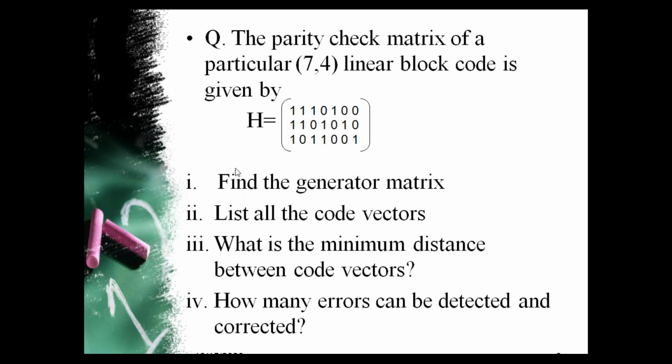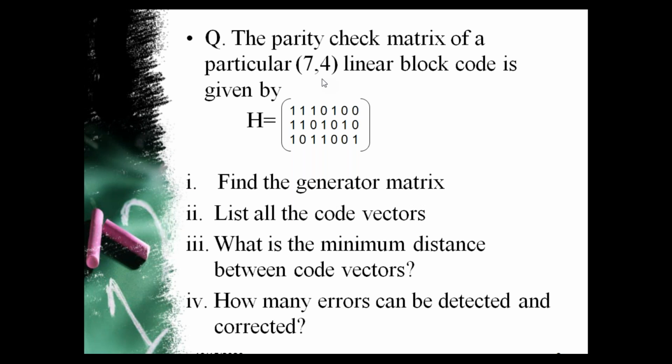The question is, we will have to write the generator matrix, then list all the code vectors. We are not wasting time writing all the code vectors now. Here we know that k equal to 4. Therefore there are 16 message combinations possible, starting from 0 0 0 0, 0 0 0 1, etc., up to 1 1 1 1.